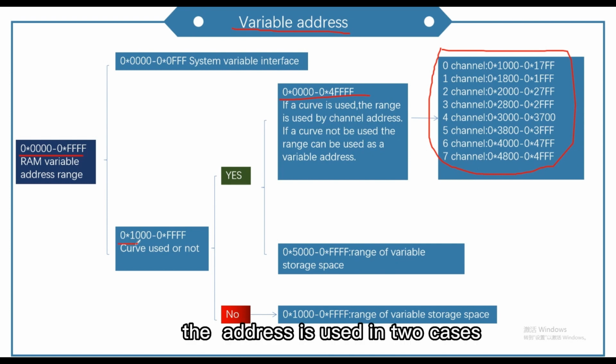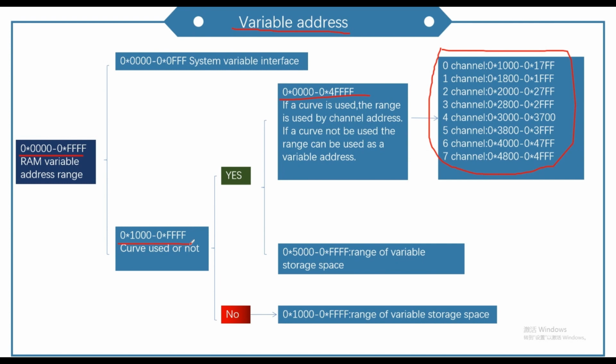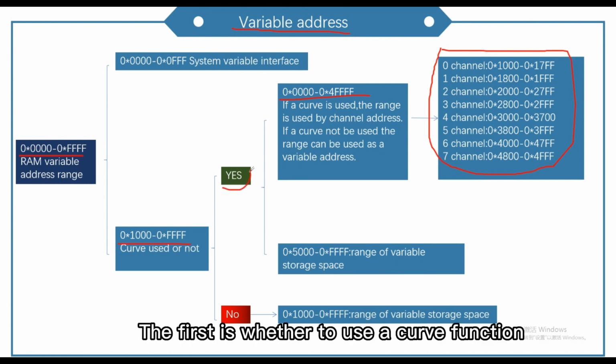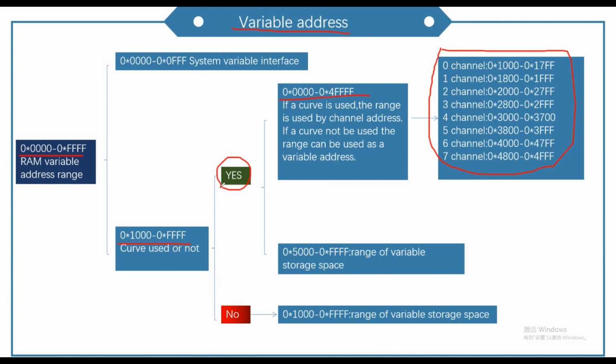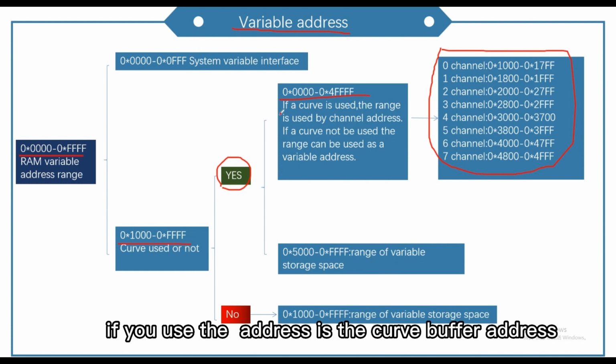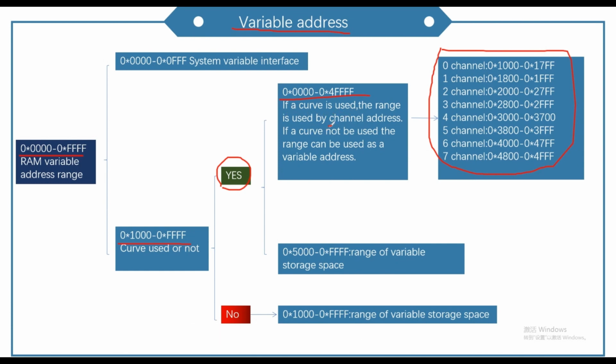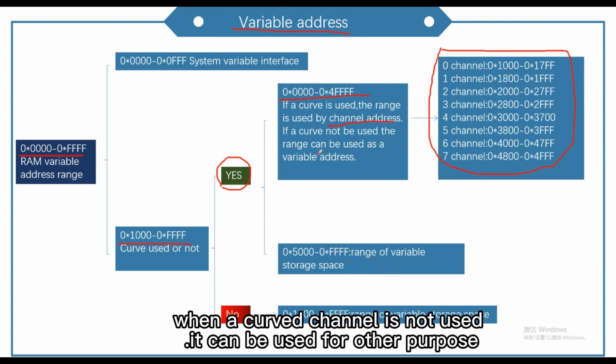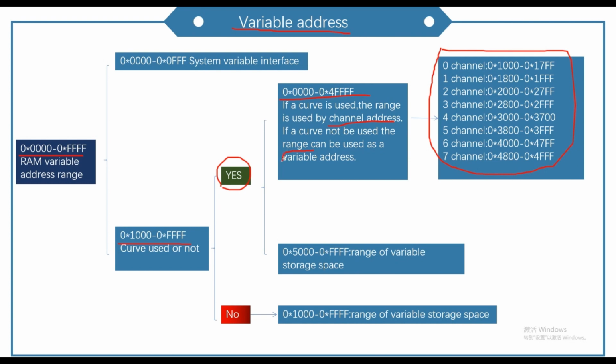The address is used in 2 cases. The first is whether to use a curve function. If you use it, the address is the curve buffer address. When a curve channel is not used, it can be used for other purposes.